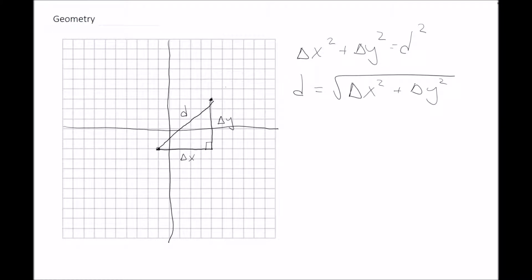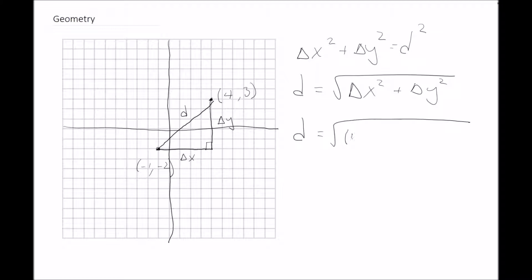As we look at this triangle, just to do an example, here we have the point 4, 3, and here we have the point -1, -2. So in this case, we would take the square of the difference.